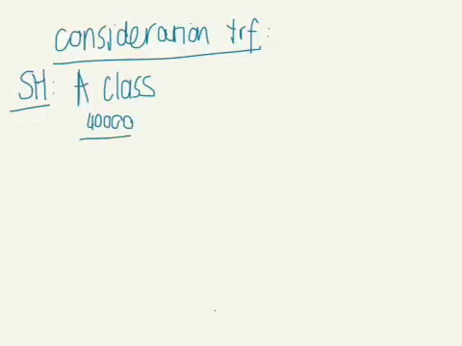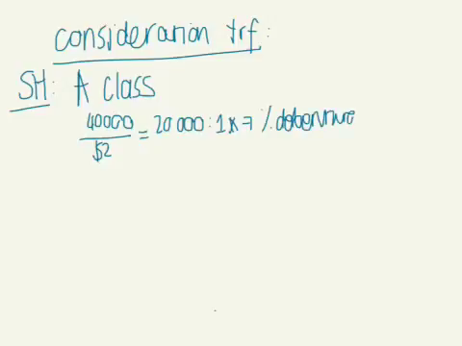The shares were $2 each, fully paid, so it means there's 20,000 shares in Tuna, and they receive 1 times 7% debenture for every share held, and those debentures were valued at fair value of $3.50.